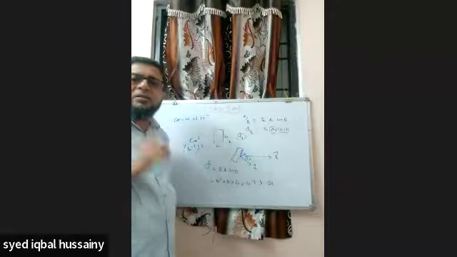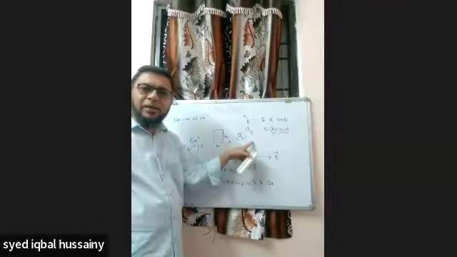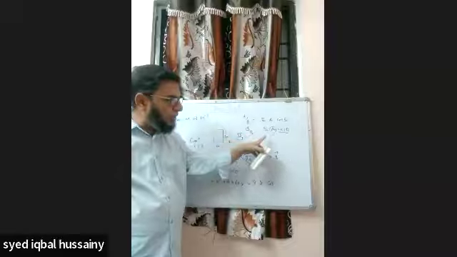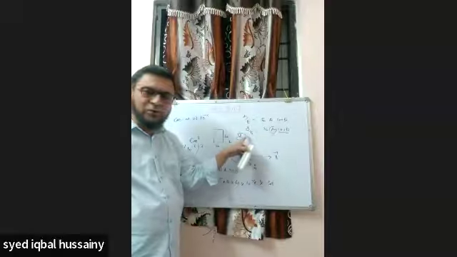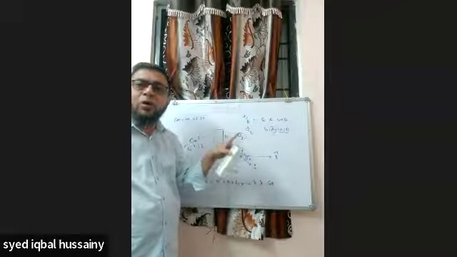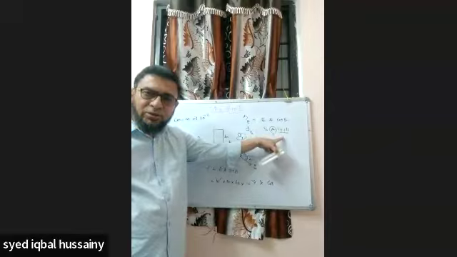So these are all the concepts you should remember very carefully. Always remember that phi B is called magnetic flux. Magnetic flux means either B should change, and flux is produced, or A should change, and flux is produced, or cos theta should change.